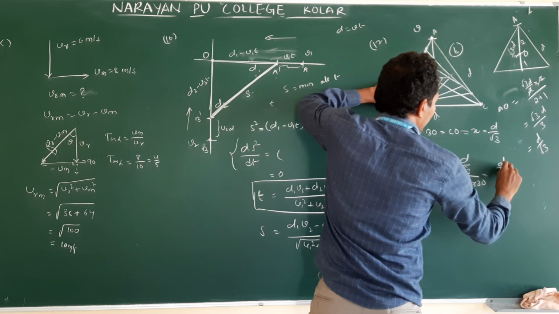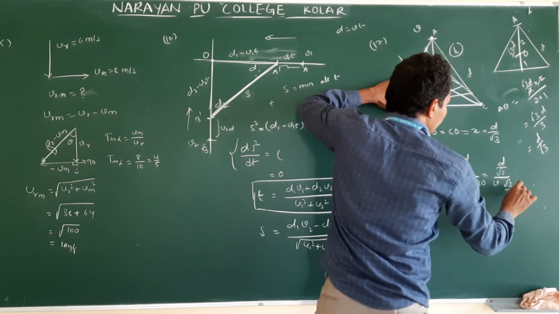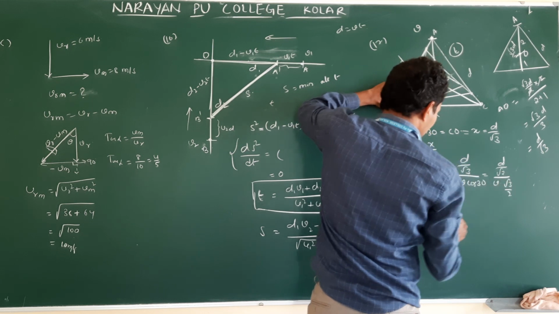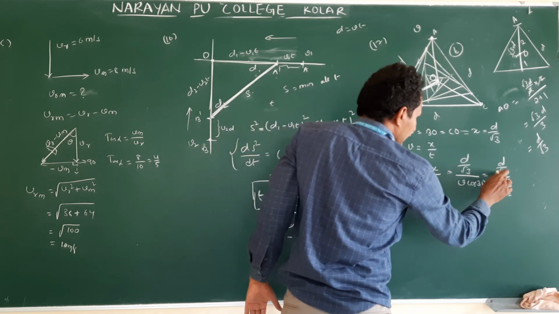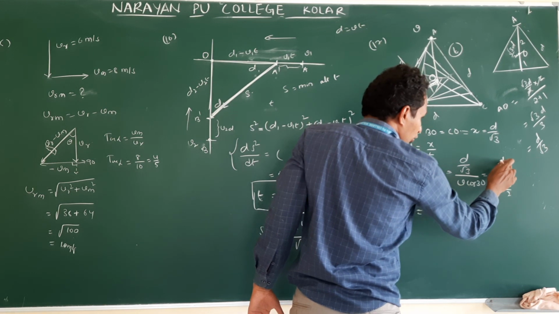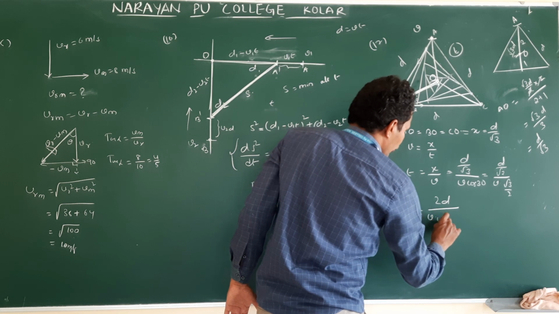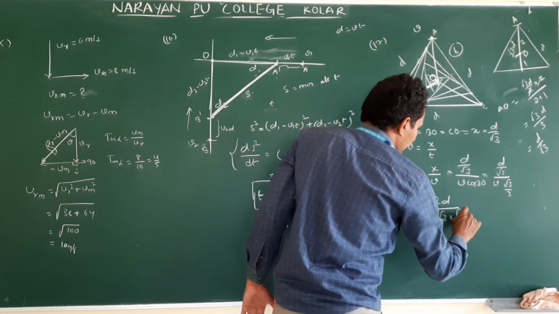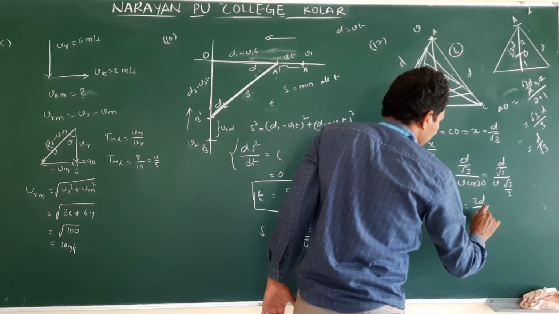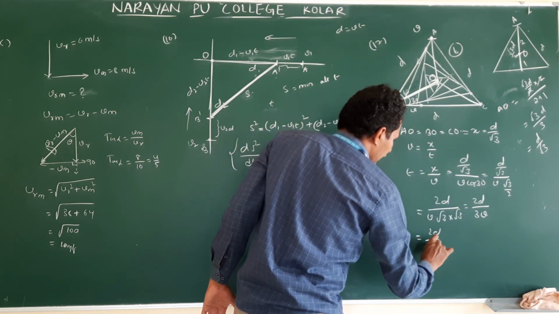So d by root 3 divided by v into cos 30, root 3 by 2. This root 3 comes to the denominator, this 2 goes to the numerator. So 2d by v into root 3 into root 3, which is 2d by 3v. So time is equal to 2d by 3v.